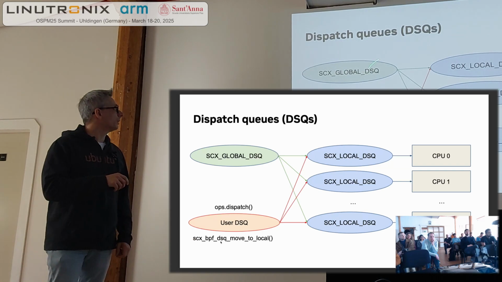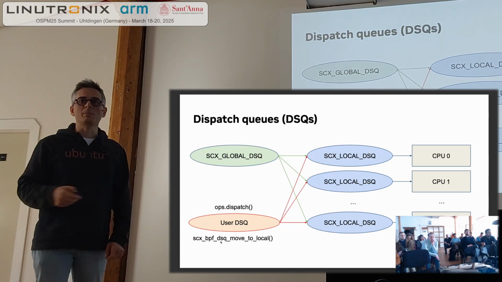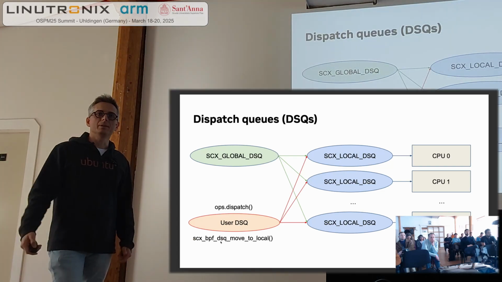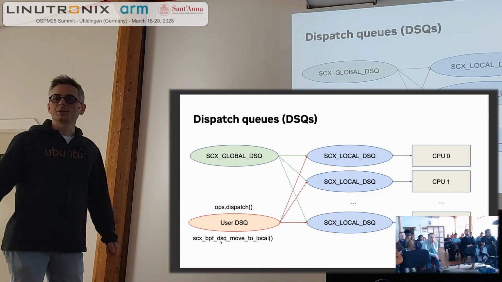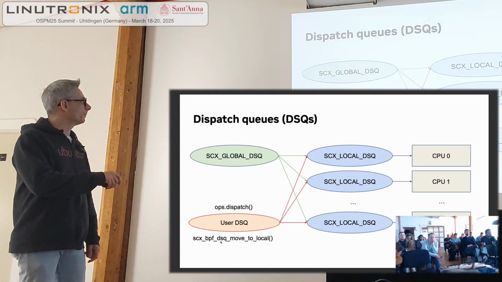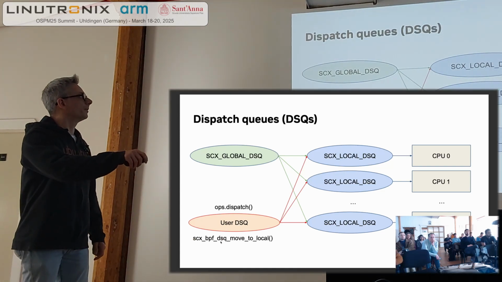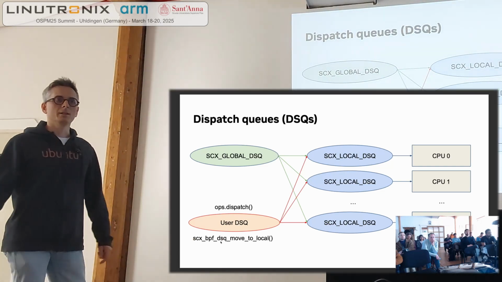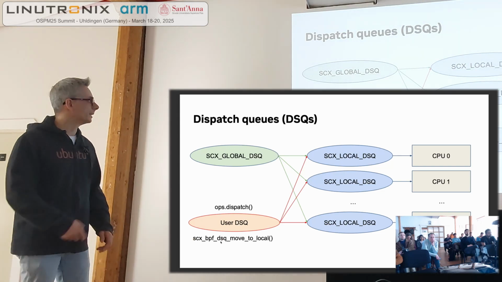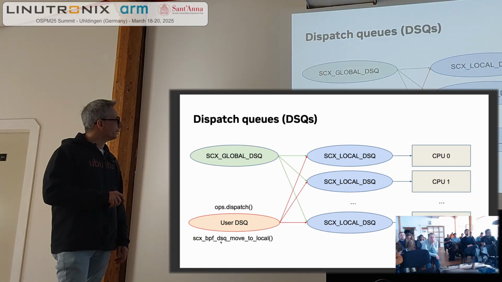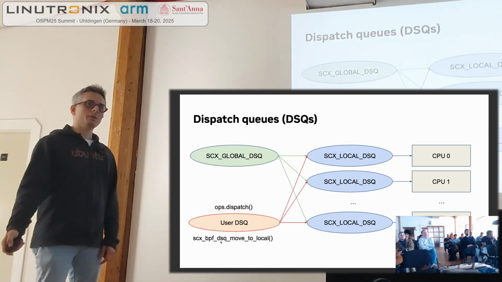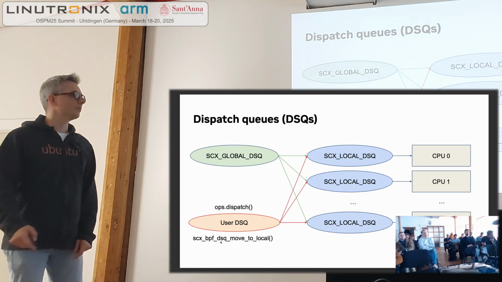But if you don't like these, you can create any number of arbitrary user dispatch queues, and then you define the semantics of the DSQ in your own scheduler. Like you can say, I consume from this DSQ only from the first 3 CPUs. I don't know. Or I consume only from a single CPU. And then it becomes a regular run queue, let's say. And so the built-in DSQs can only work in FIFO mode. There's no way to use them otherwise.